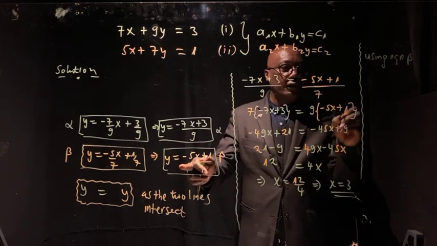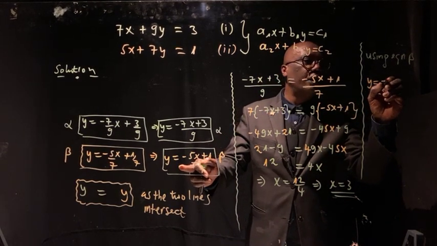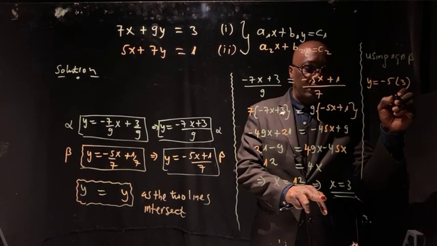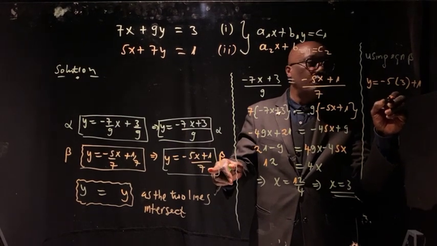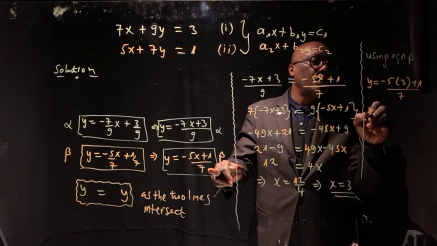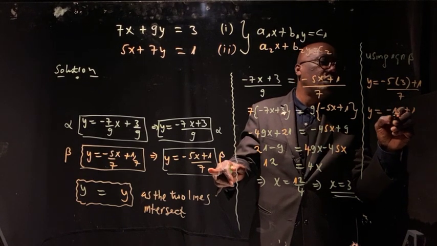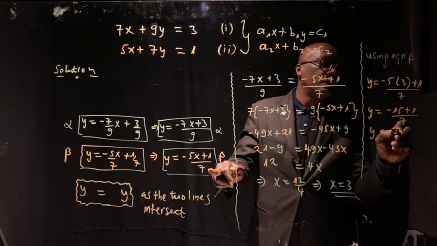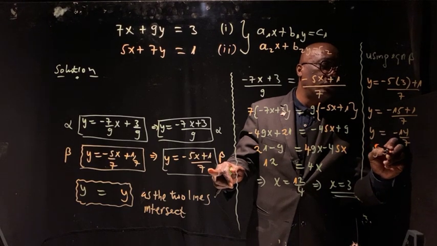We have y equal minus 5, x is 3, plus 1 over 7. So we have y equal minus 15 plus 1 over 7. Y equal minus 14 over 7. Y equal minus 2.